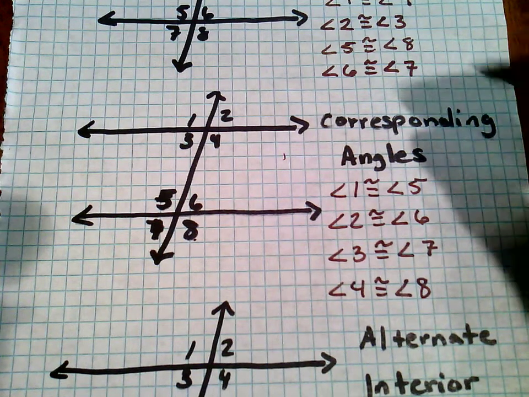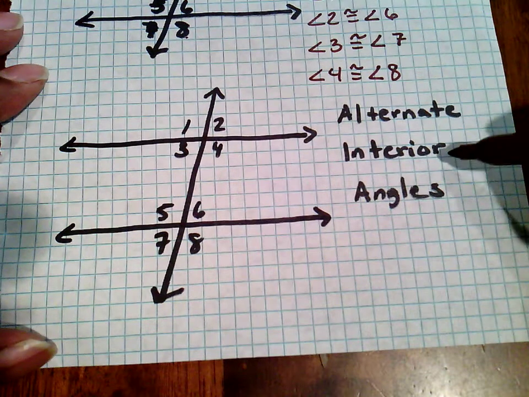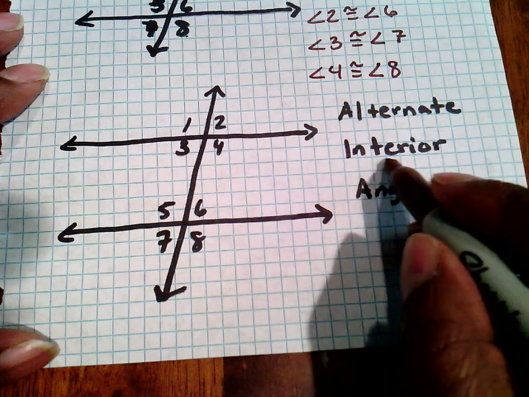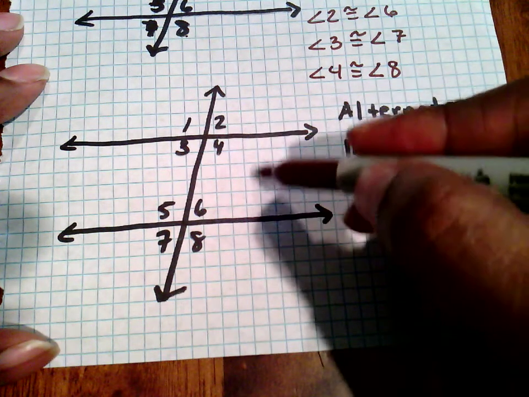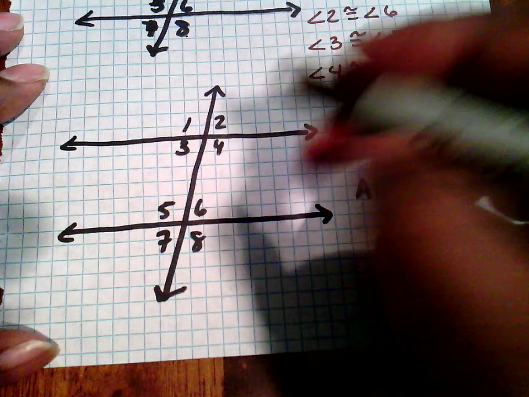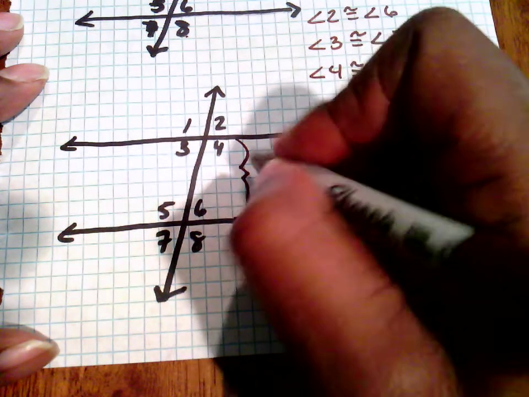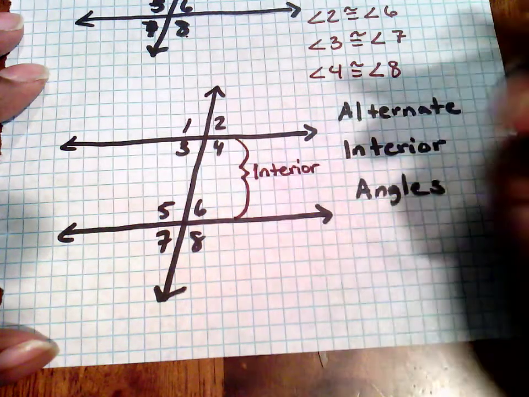All right, now let's move forward and take a look at alternate interior angles. Since we're talking about interior, that means we're looking at the inside of our two parallel lines. So here, on the inside of these two lines, is what we call the interior, the inside.